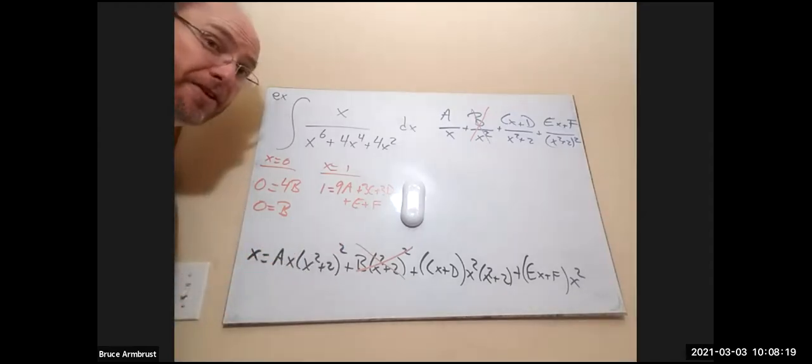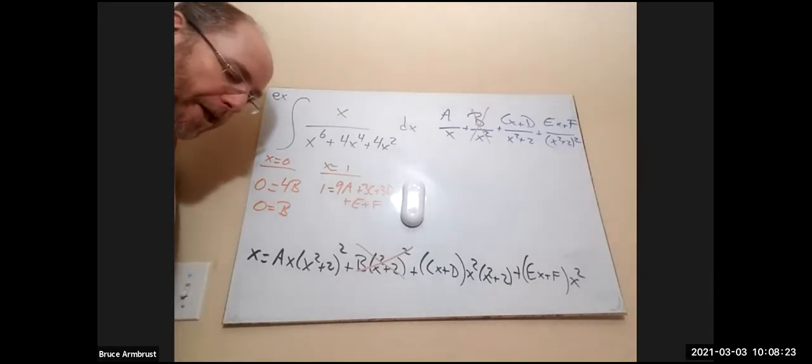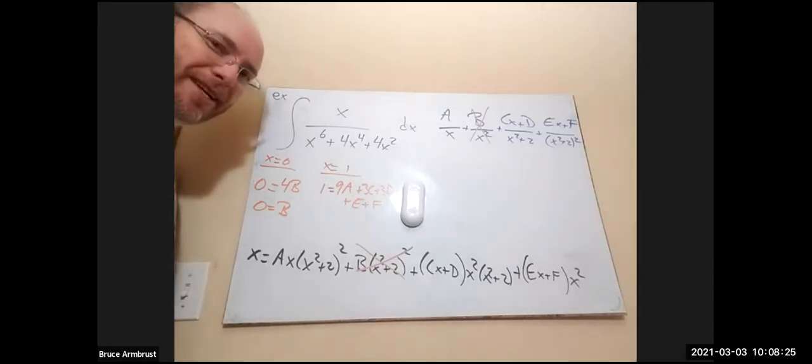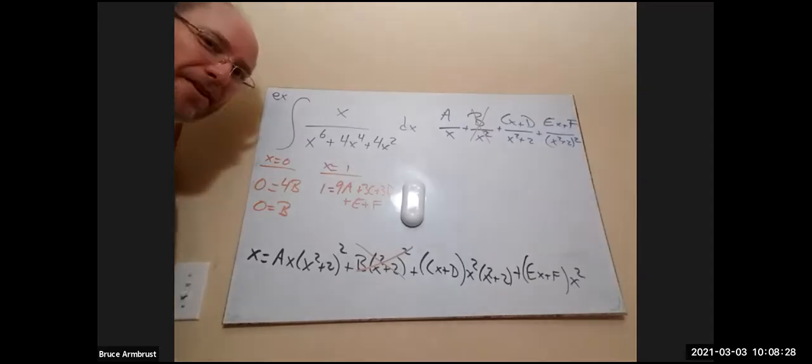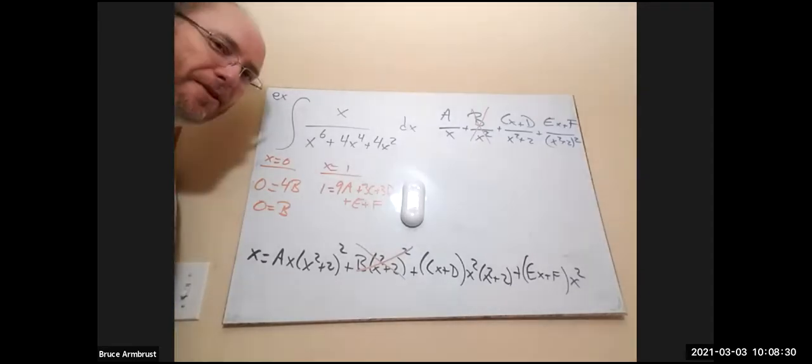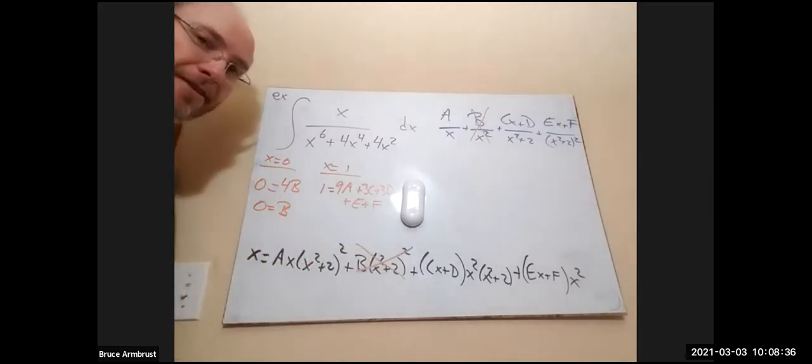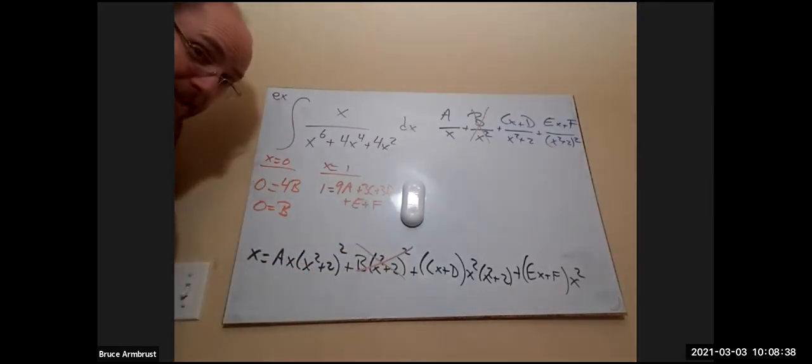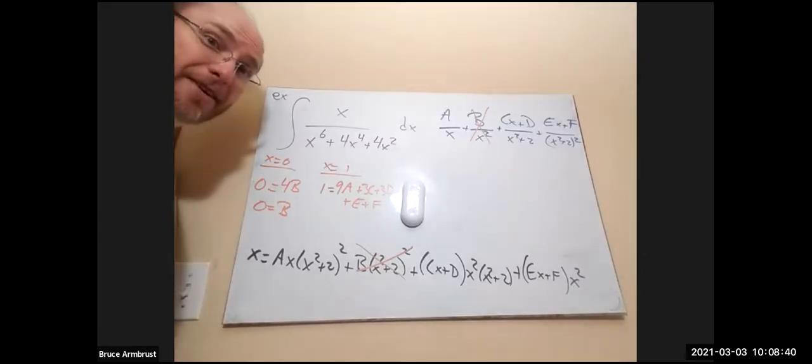5 equations, 5 unknowns. This is why I'm not actually going to do this whole one. The best way to solve that is with a matrix. Put all your stuff in coefficients, do the good old reduced row echelon form stuff. I'm not going to go into that, but we have to solve that system. So you can see that these can get really gnarly, really fast.